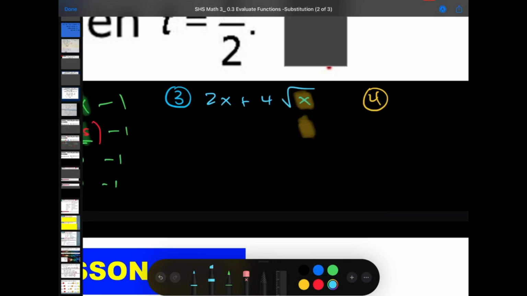Class, tell me what to write. 2. Okay, what do I write here? 16 plus 4 times the square root of 16.